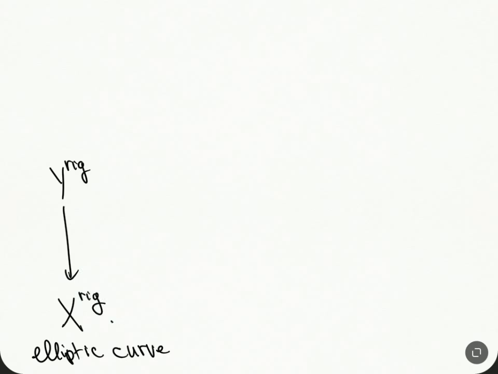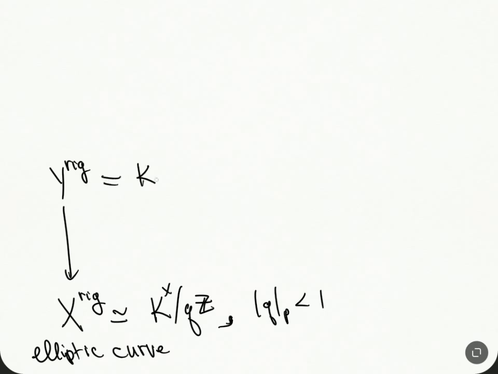This is going to be isomorphic to k cross q to the z, and we have that the p-adic absolute value of q is less than 1. So this is going to be a non-Archimedean local field of mixed characteristic p. And there's this map here, which is some sort of composition of the Tate uniformization.